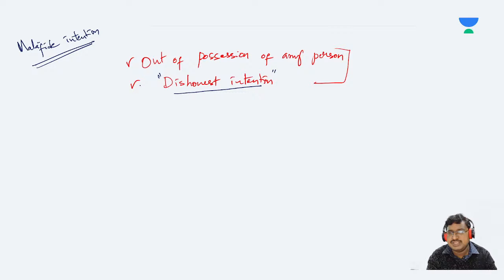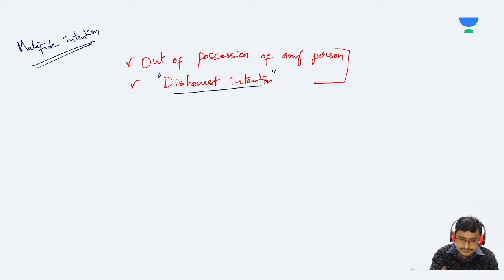It shows the dishonest intention. If a person dishonestly moves the movable property of another person out of his possession without consent, it amounts to theft, friends. According to Section 378 of the Indian Penal Code, it amounts to malafide intention. It amounts to a theft, friends.